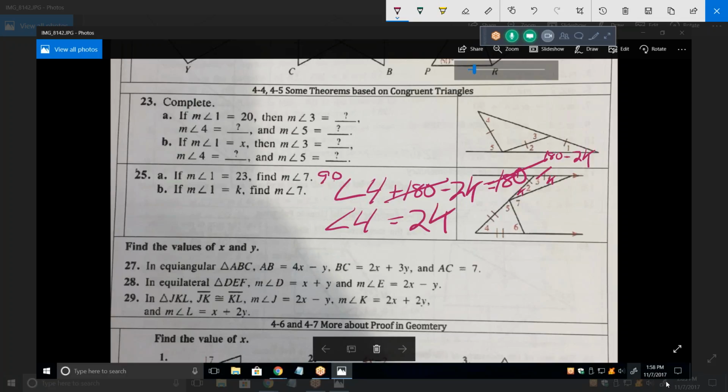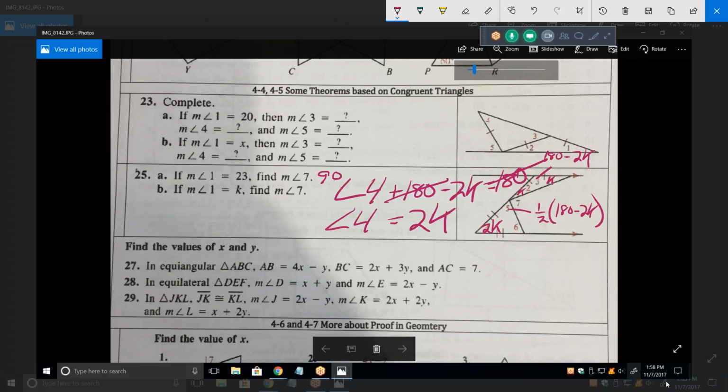And so that's 2K, which makes this one 1/2 of 180 minus 2K.